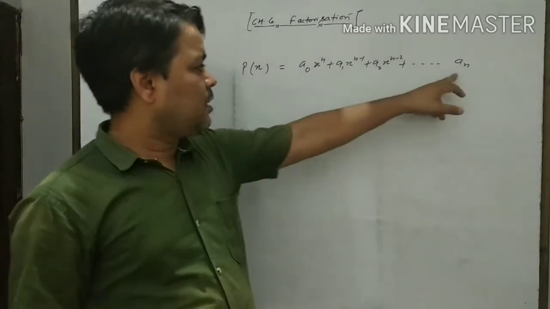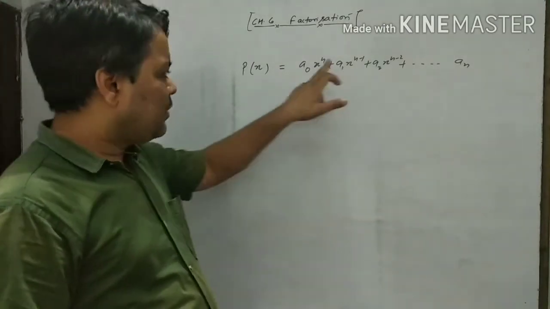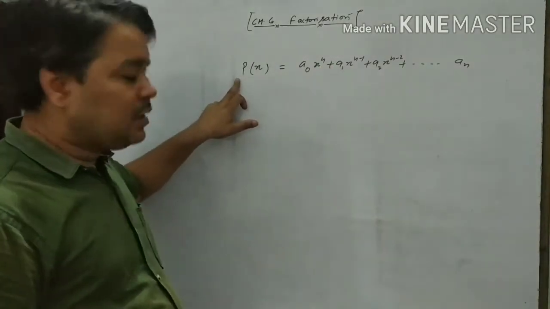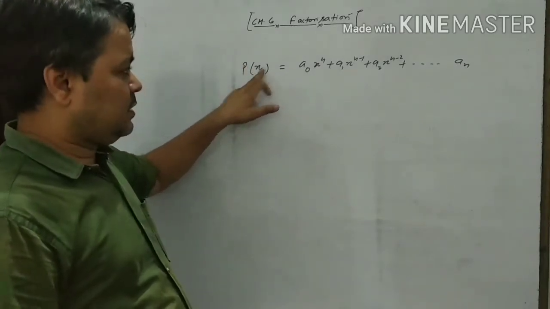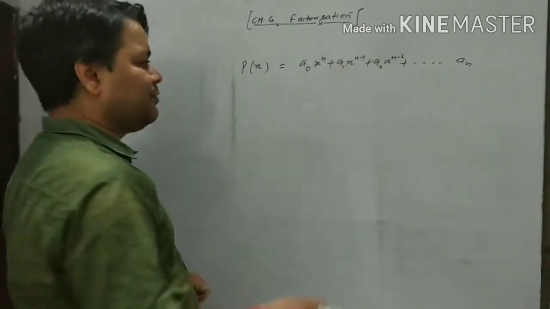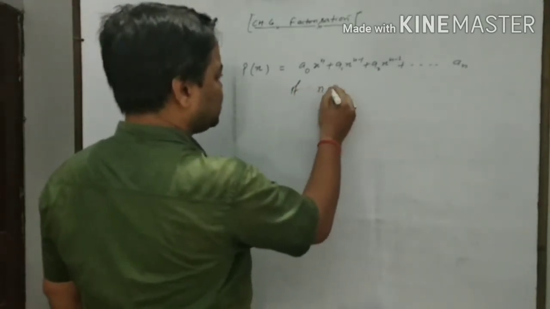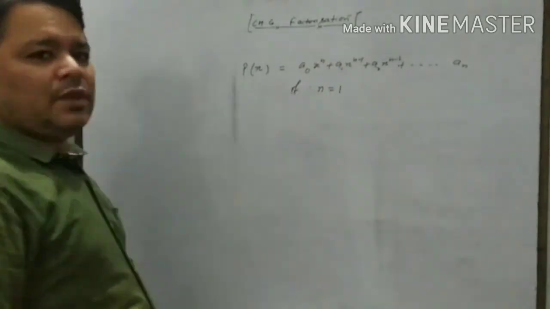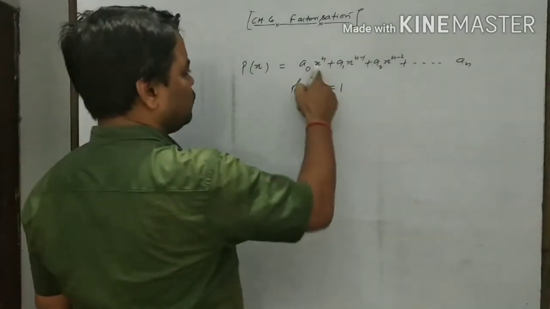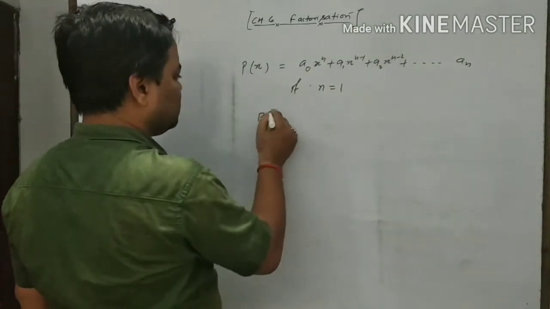Here this is a polynomial in variable x, P(x), like this way. If n is equal to 1, then it will be in this form.